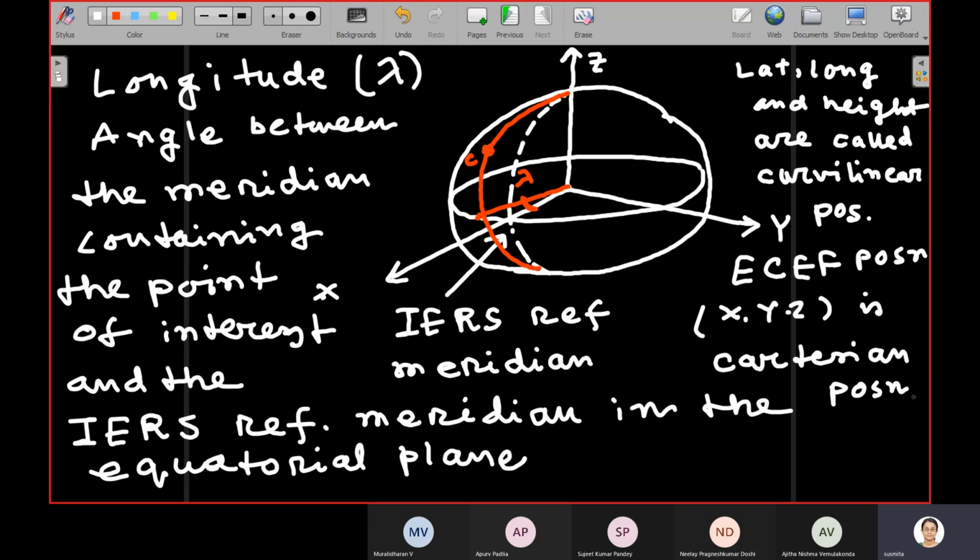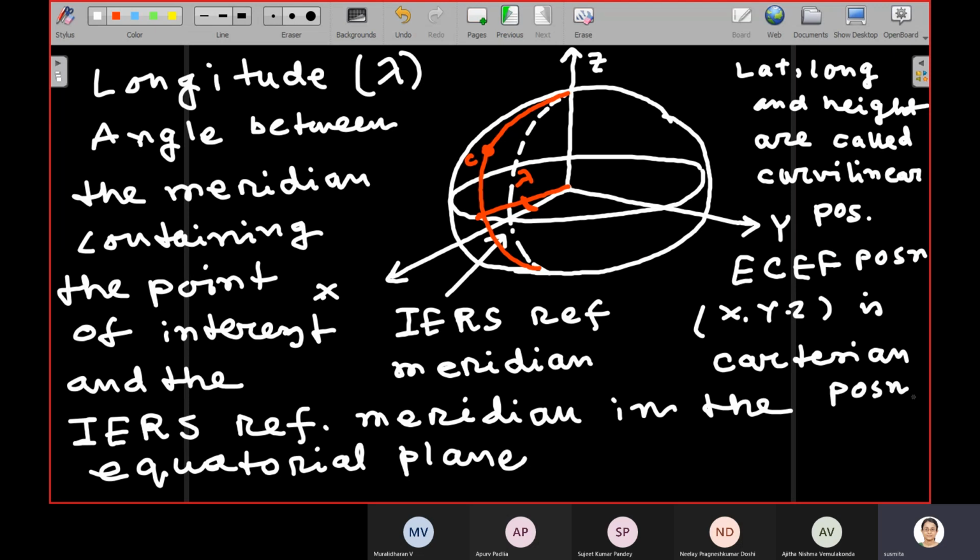Next we are going to define two radii of curvature. Had this arc been a sphere, we would have required only one radius. But since it is an ellipsoid, we need to define some suitable radii of curvature. We'll define the radii of curvature and then we'll see how to go back and forth between ECF Cartesian position and latitude, longitude, height, the curvilinear position.